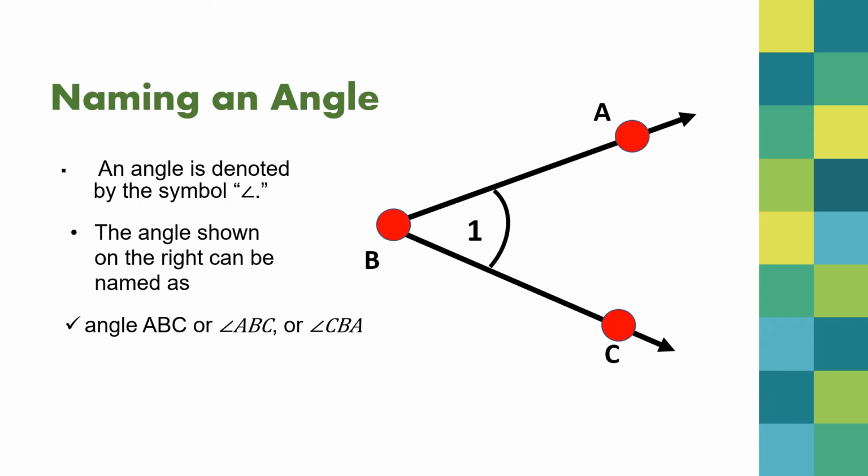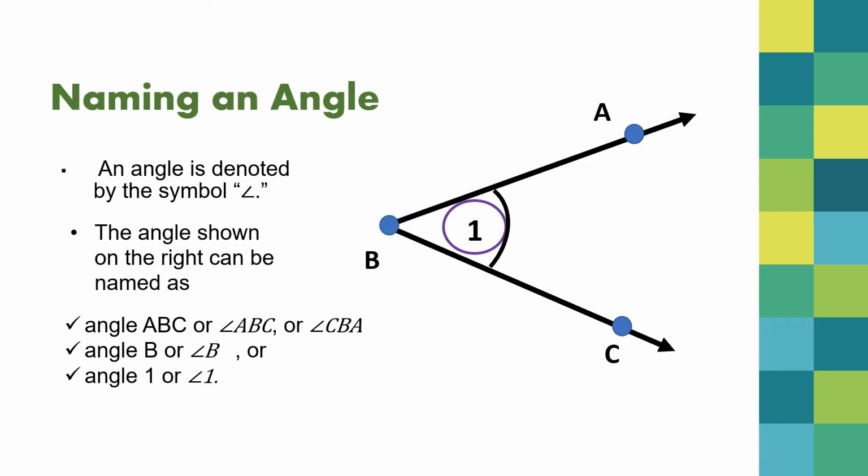If 3 letters are used, the middle letter is the vertex of the angle. If 1 letter is used, it is the vertex of the angle. And if a number appears at its vertex, the angle is denoted by that number.